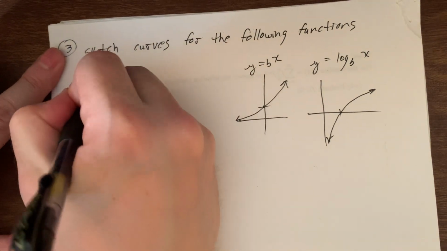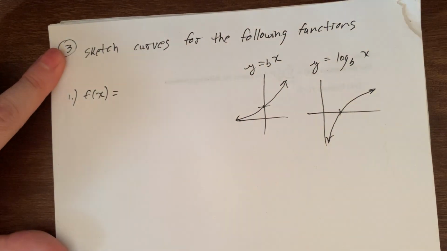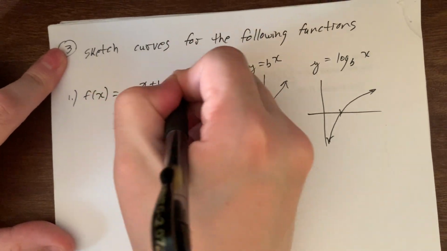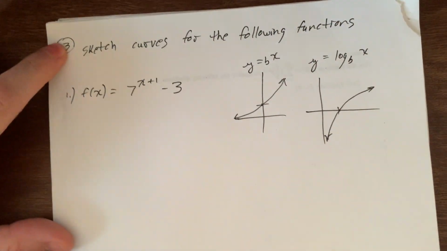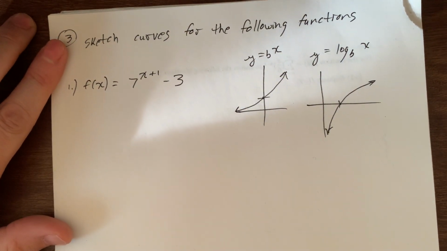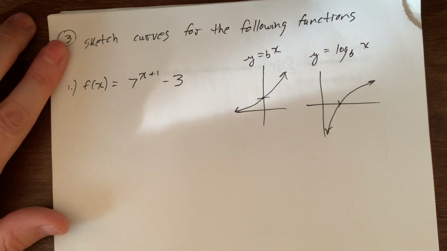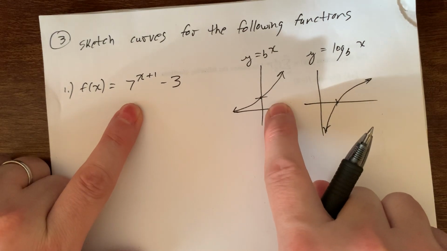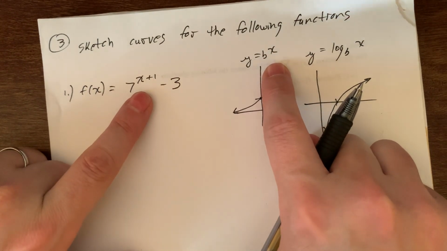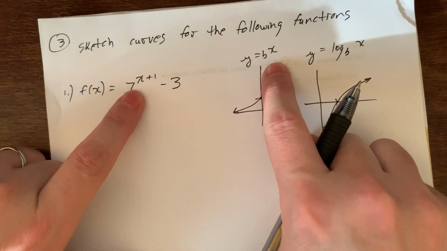Let's look at f of x equals 7 to the x plus 1 minus 3. Well, which curve is our base graph? For this problem, it's this one. We've got the aspect of a number raised to an exponent, so this is the 7 to the x part.